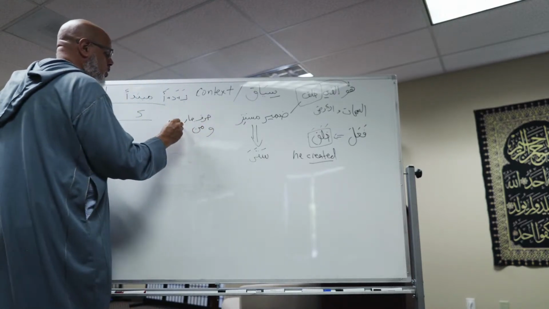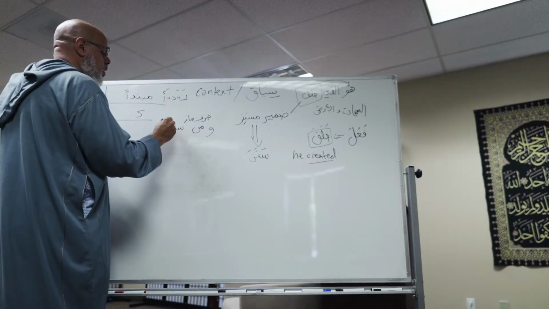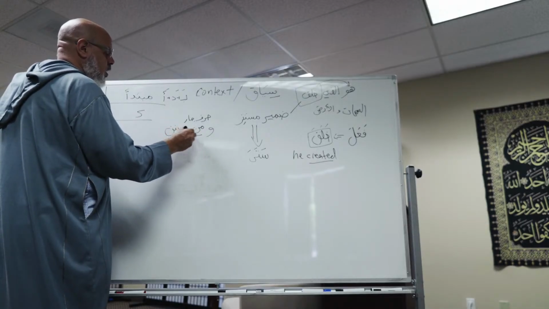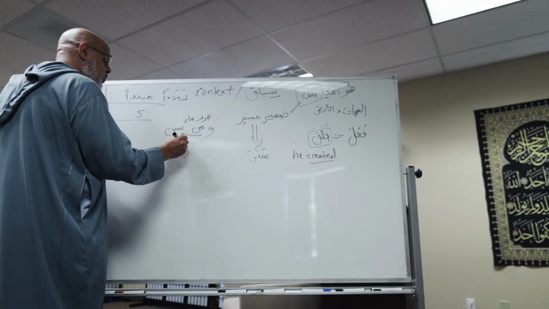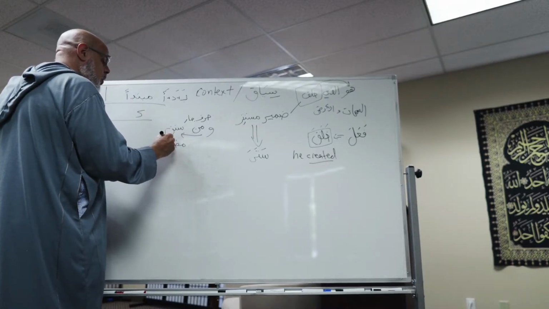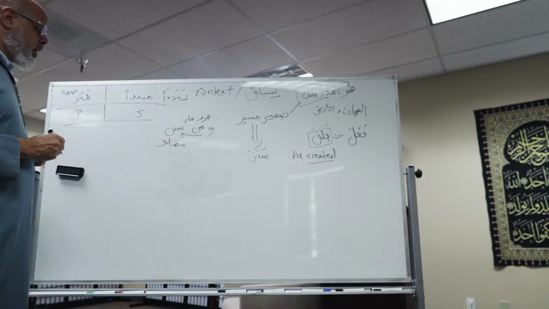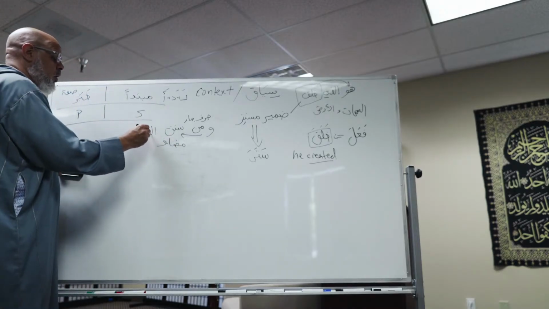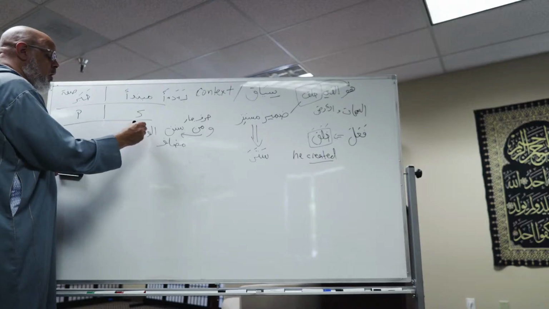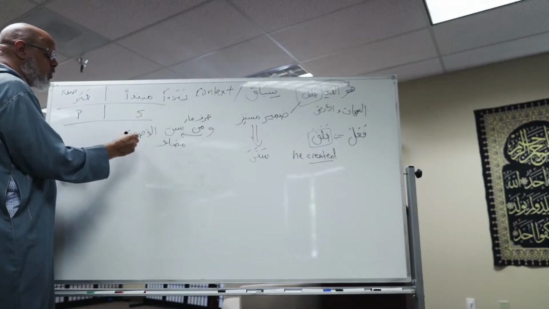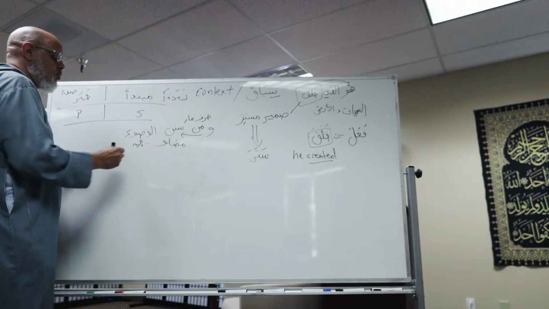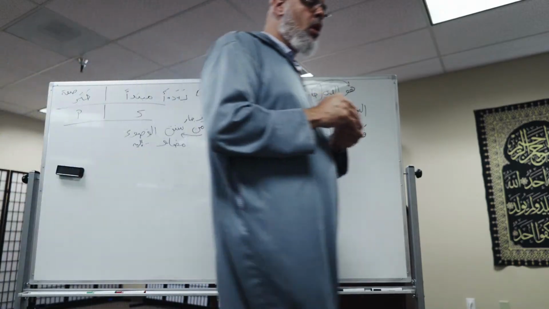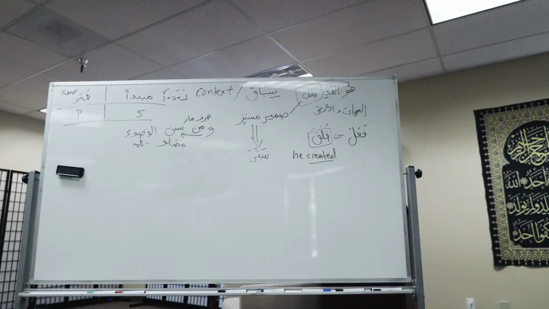But then sunan is going to be affected by this, but it is also the mudaf. And therefore, al-wudu is going to be mudaf ilayh. If we go back to our early lessons, right?